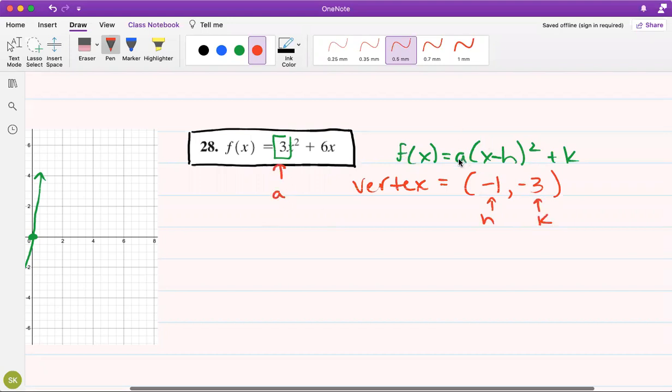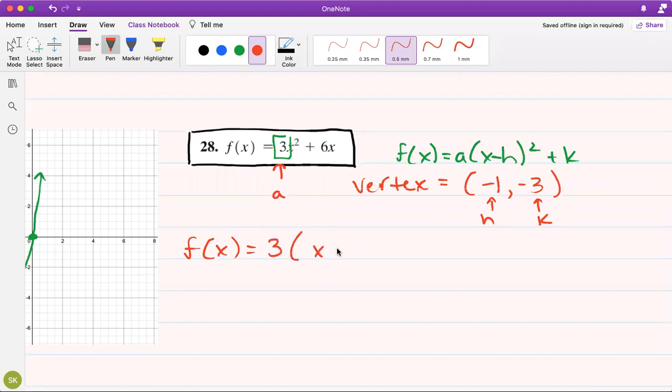So to switch to this form, I needed a, h, and k. So all we have to do is say that this is equal to 3 times (x minus negative 1) squared plus negative 3, and I can clean that up a little bit. This is 3(x plus 1) squared minus 3.